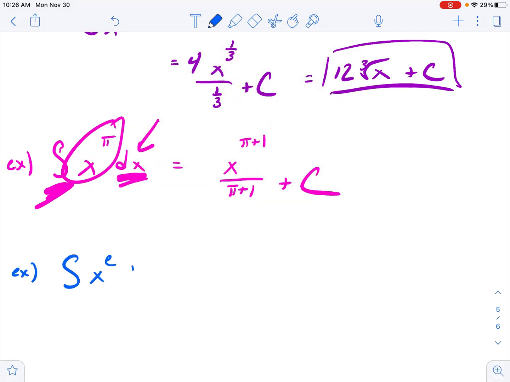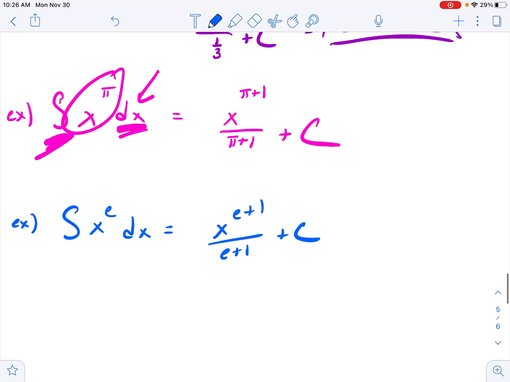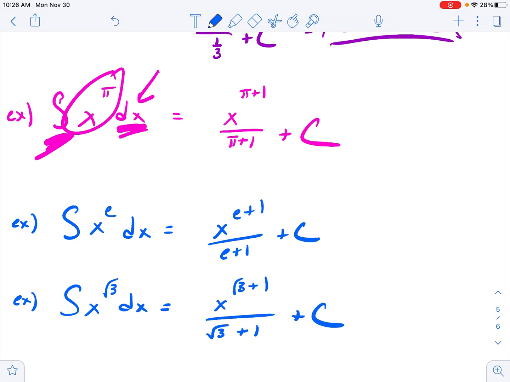Similar example last, what if I have, say, x to the e power? Same exact idea. If it's x to a power, we add 1 to that power and divide by the new power. And so if I had x to the radical 3, what do you suppose that's going to look like? X to the radical 3 plus 1 divided by radical 3 plus 1.